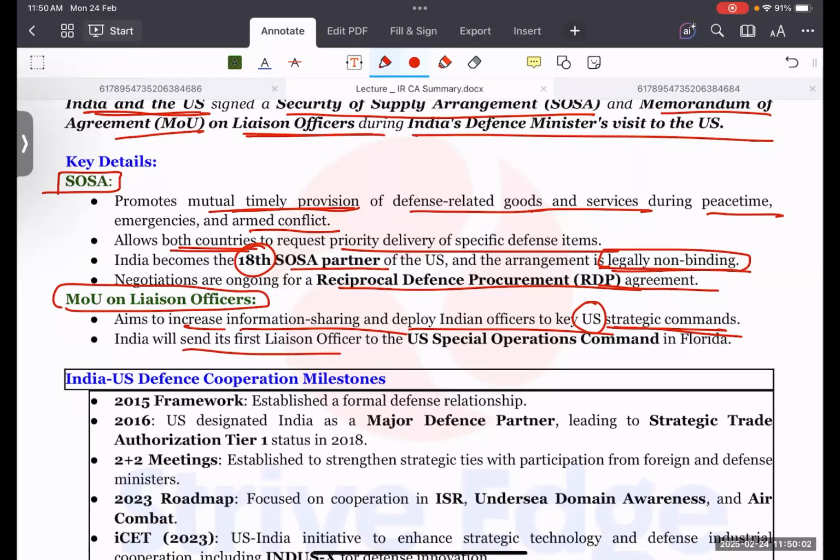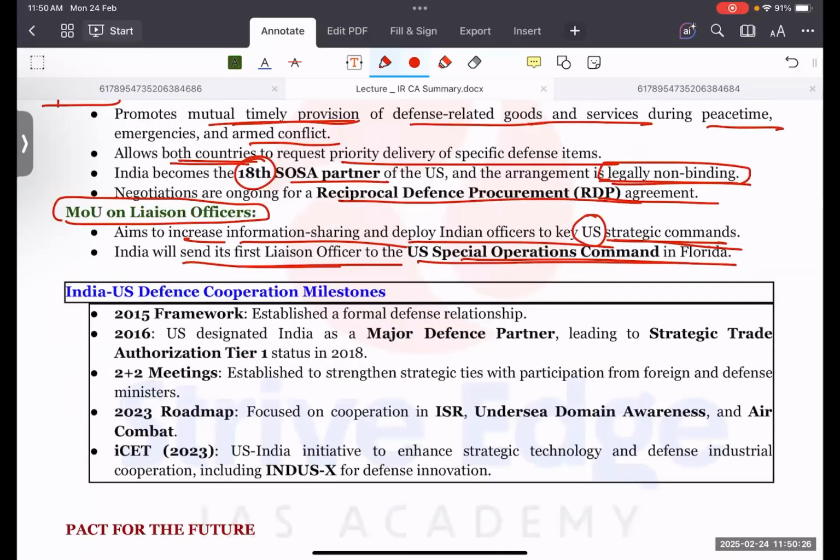Now India will send its first liaison officer to the US Special Operations Command in Florida. In this way, trust will be built between the two countries. India will also get first-hand experience of how the command structure works in America. So the liaison officer can go and understand their way, and we can implement better outcomes and better provisions in this regard.